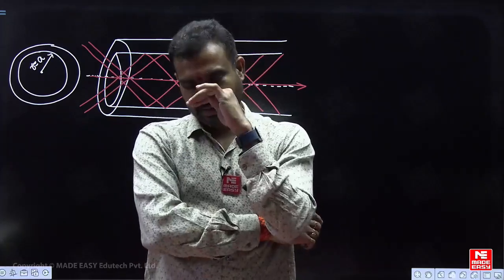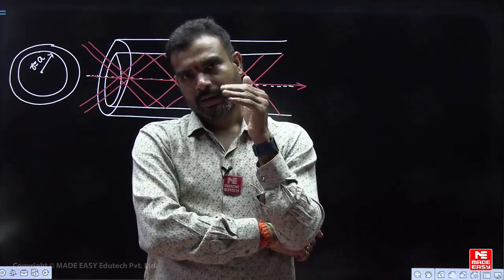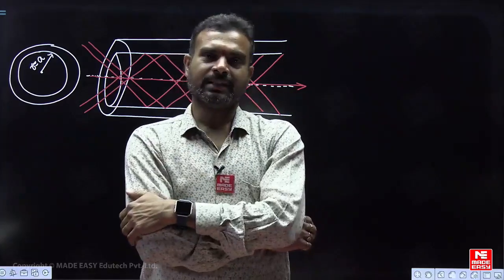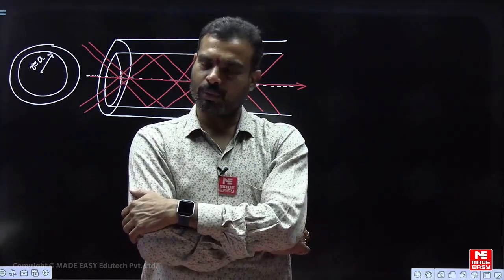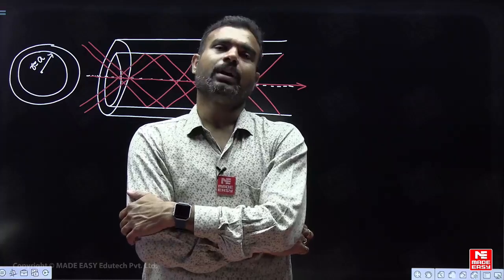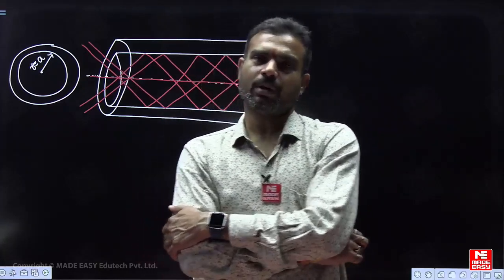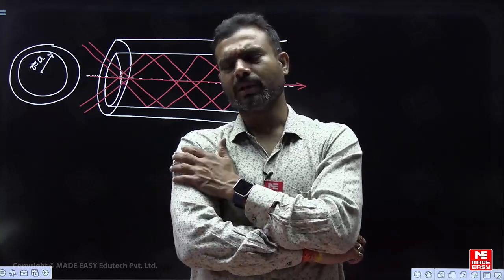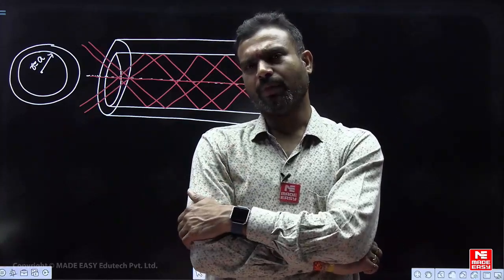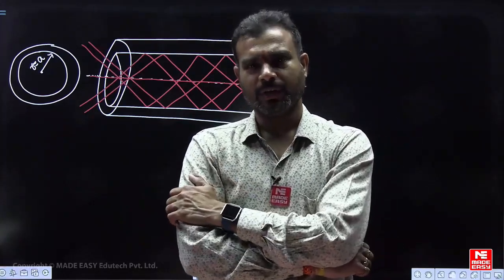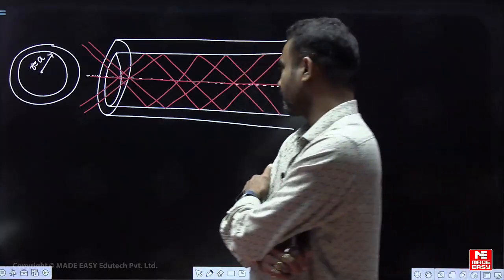Axial rays we studied yesterday in SMSI fibers, and today we are discussing the meridional rays. The light passes in your multimode step index fibers with the help of meridional rays. I hope everybody in the class understood this.